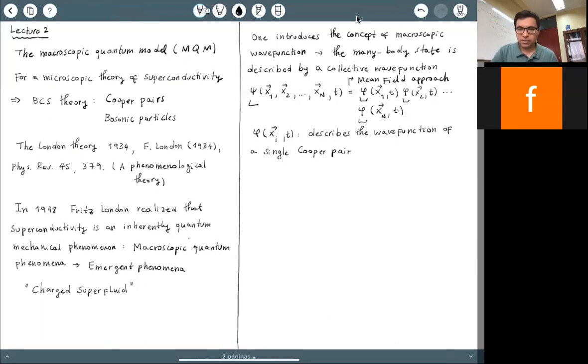And then when you cool down the sample, all the Cooper pairs go to exactly the same ground state. Because you have bosons, you can collect many of them.